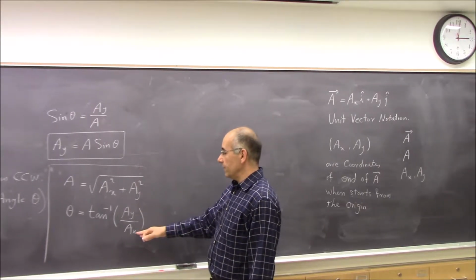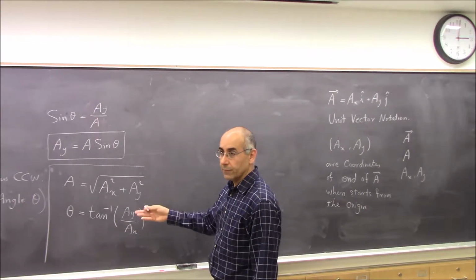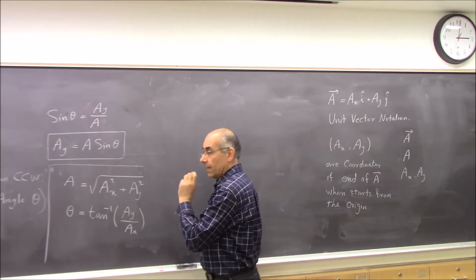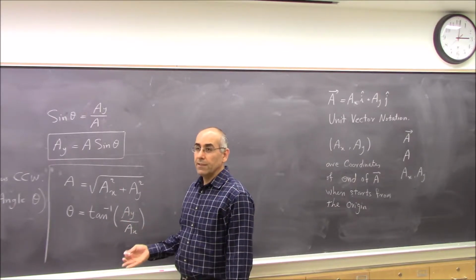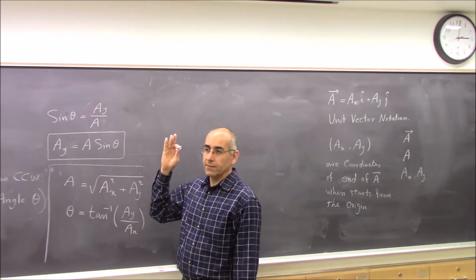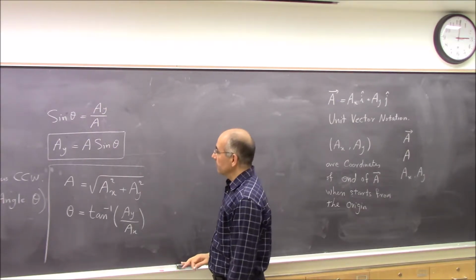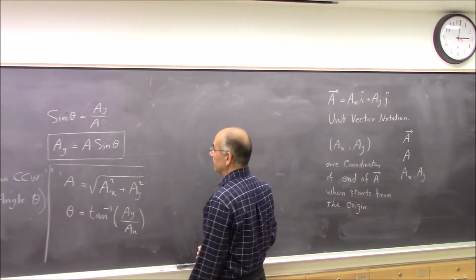If the top is negative and the bottom is positive, it's the same as the bottom negative and the top positive. So it doesn't make a distinction between these two. And if you calculate tan inverse of anything on your calculator, it always gives you something between negative 90 degrees and positive 90 degrees. It never gives you anything more than 90 degrees.